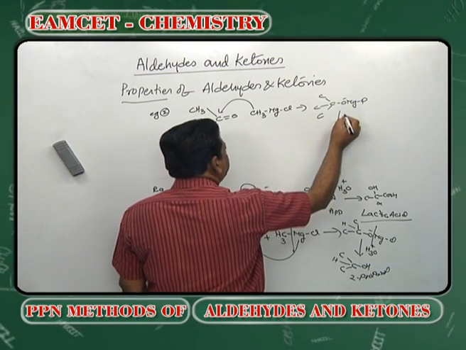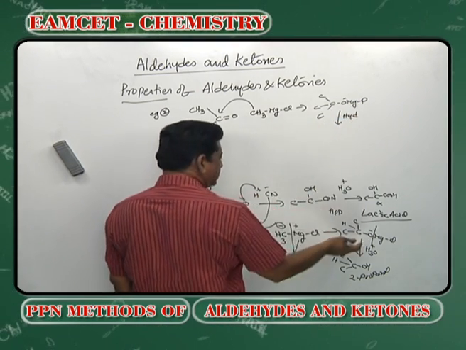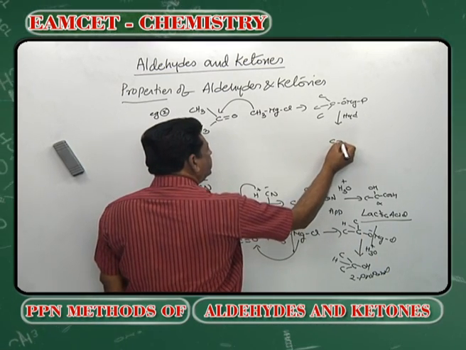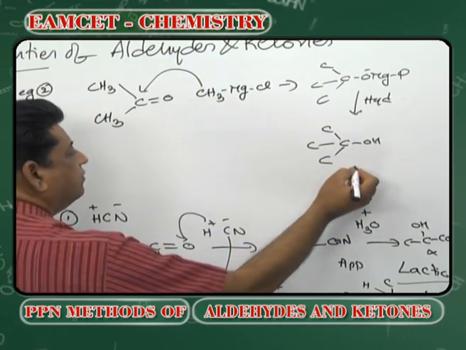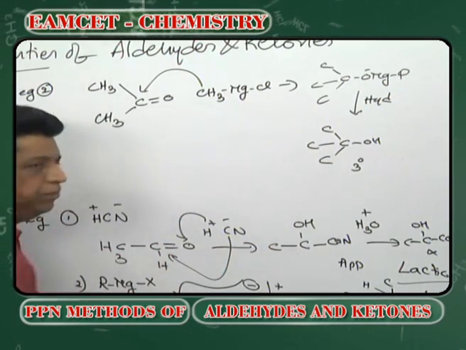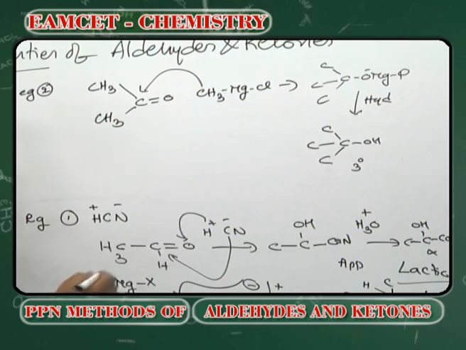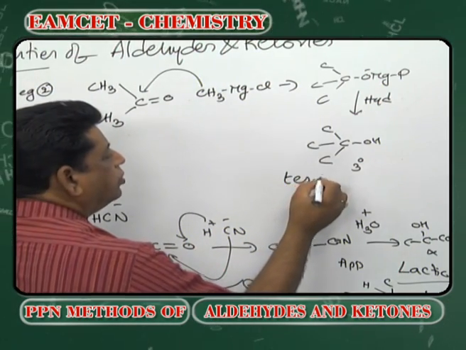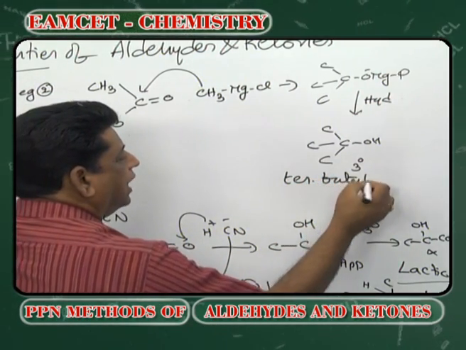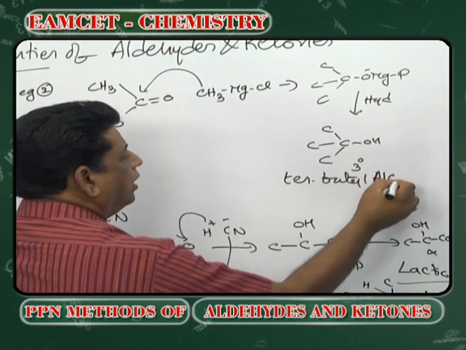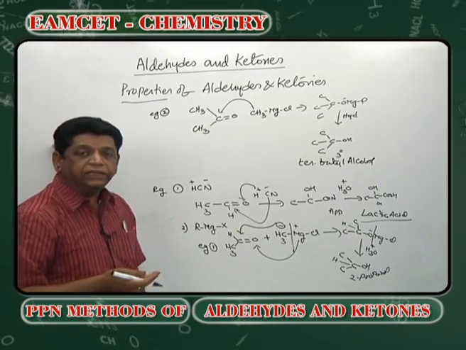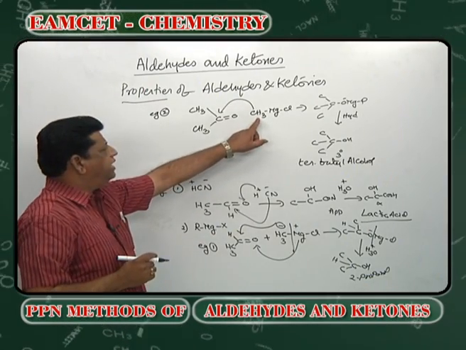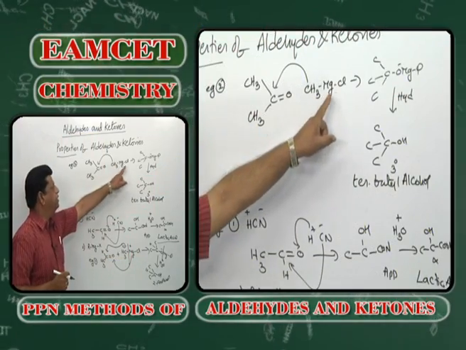The salt on hydrolysis, with H3O plus, becomes a tertiary alcohol, commonly named tertiary butyl alcohol. Tertiary butyl alcohol can be prepared from acetone by adding the methyl. You can add a variety of alkyl magnesium chlorides.